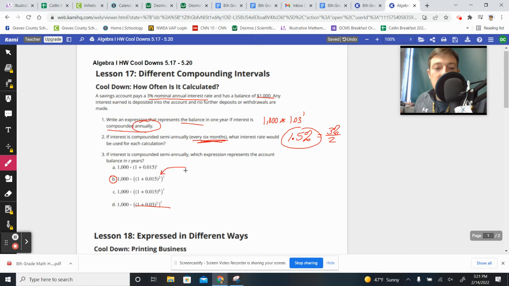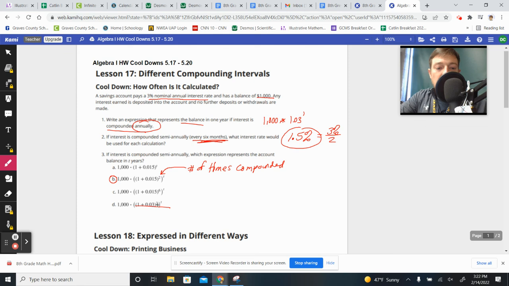This is the number of times it's compounded. We'll talk more about that, and we'll have a formula for it as well. And then t, for 1 year, this is going to be good because you're doing it twice. But if it's 2 years, then you're going to do that back to back, and that would be 2, and so on and so forth. So the correct choice here is B.